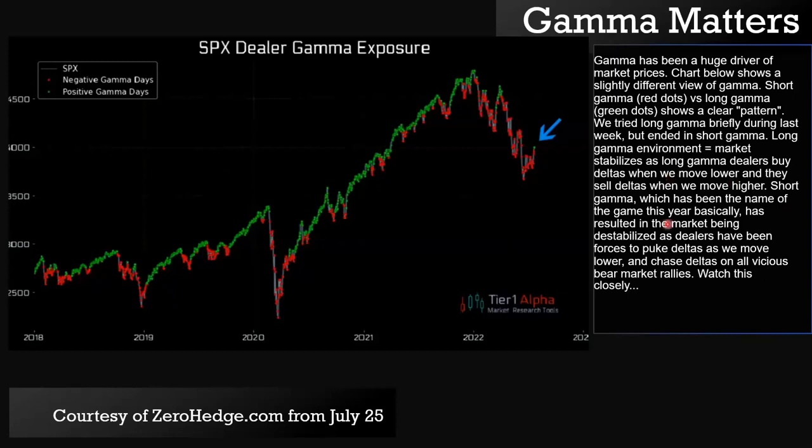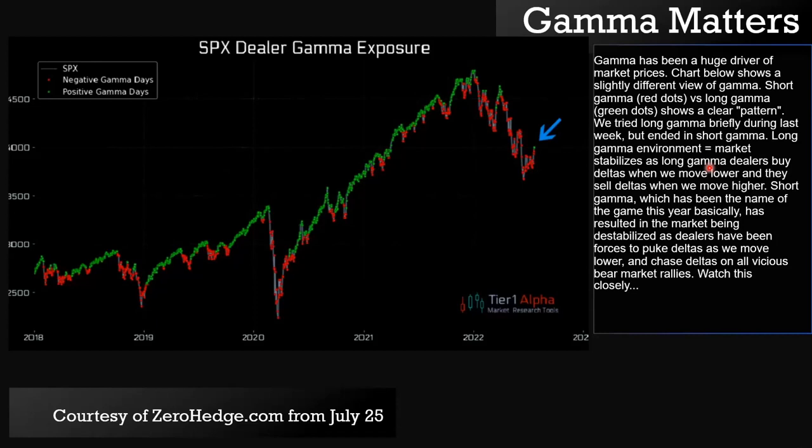And in this chart that Zero Hedge took from Tier 1 Alpha, you can see that for most of 2020 into 2021, most of the time the market was in positive gamma exposure. And that's what's basically driving these prices.